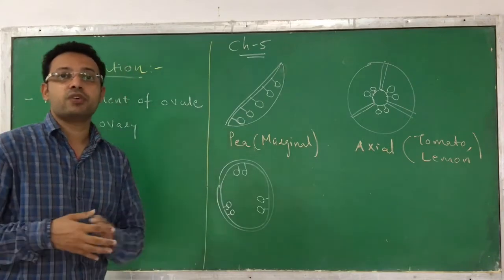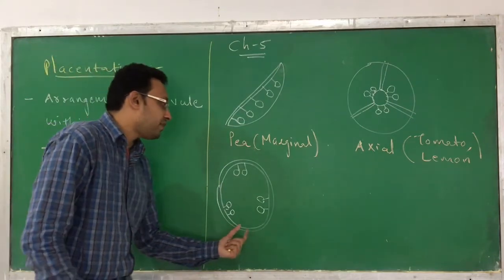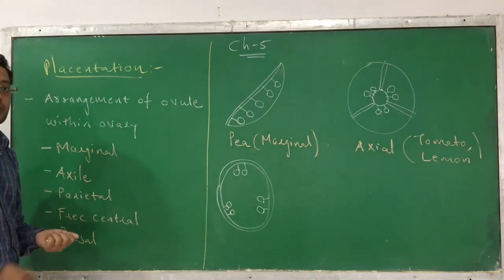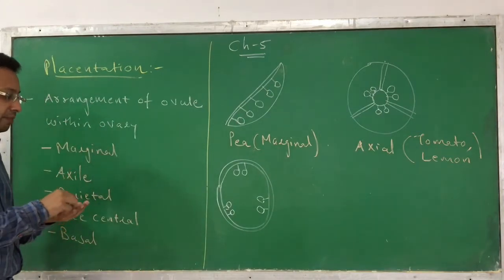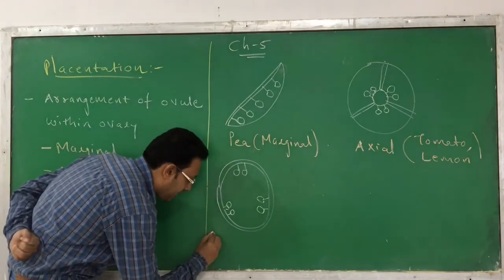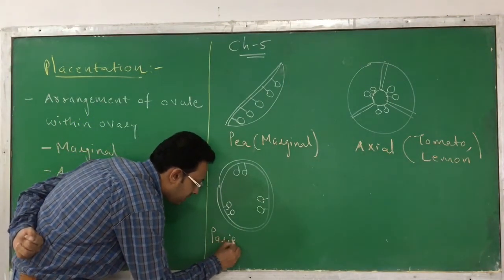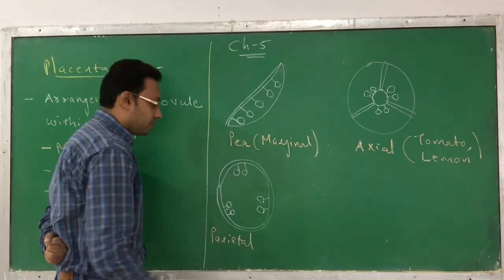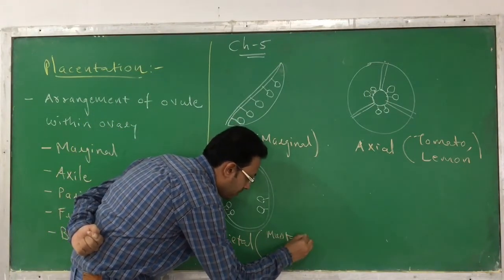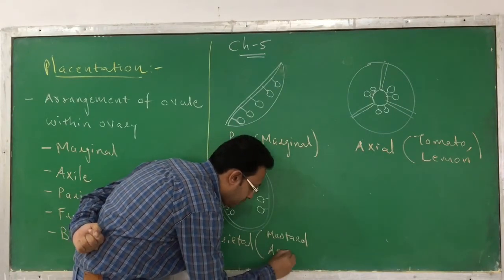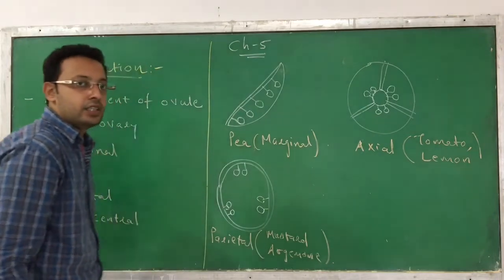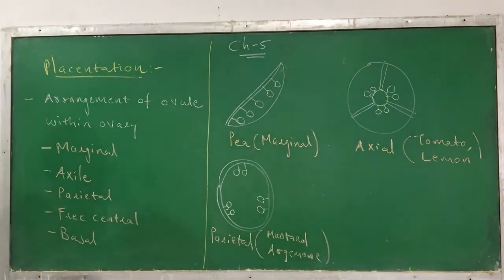Such kind of placentation you can call parietal placentation, and it is observed in mustard and argemone. Clear? So this is the third kind of placentation.